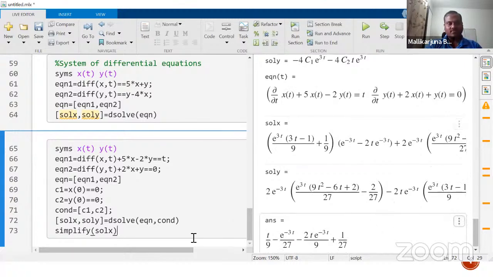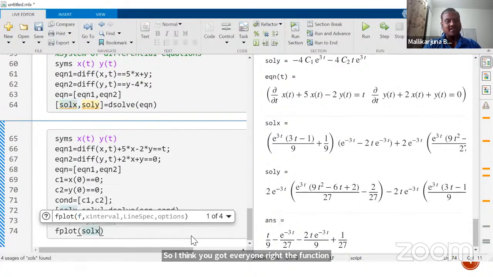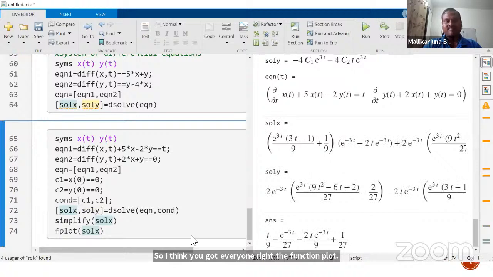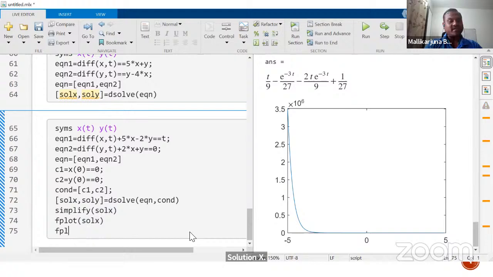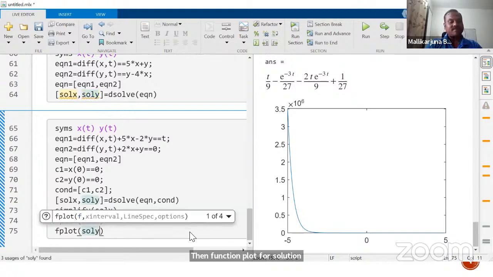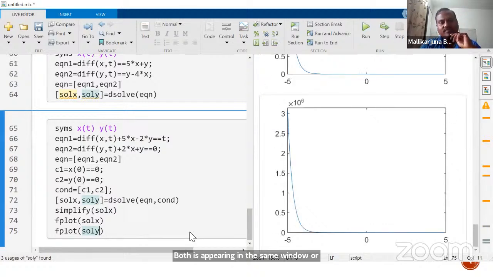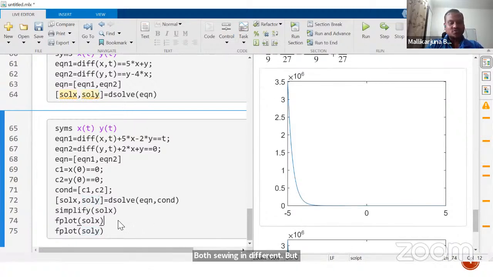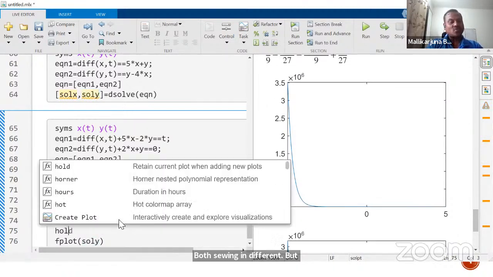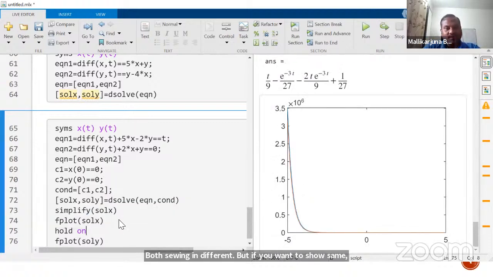So I think everyone got it. The function plot for solution x, then the function plot for solution y. Both are appearing in different windows. But if you want to show them in the same window, you just use hold on in between. Then both will appear in the same window.